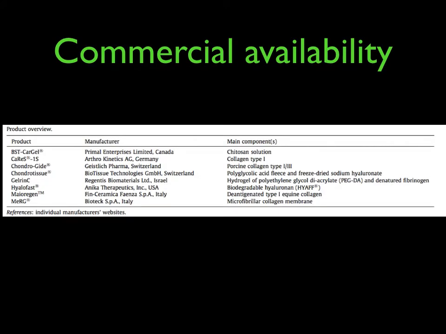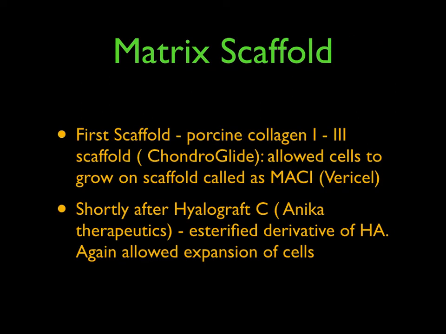And then we started with the first generation of scaffolds, which were matrix scaffolds. You will see that there are a lot of commercial names available, but we have all heard about ACIs or MACIs. The first scaffold was porcine collagen types 1 to 3, by a company called Vericel. They allowed a horizontal sheet of cells to form.